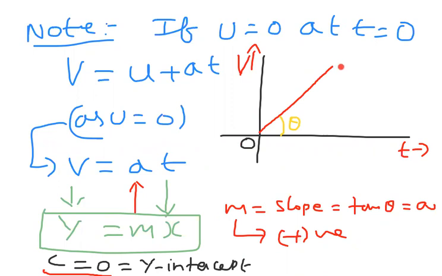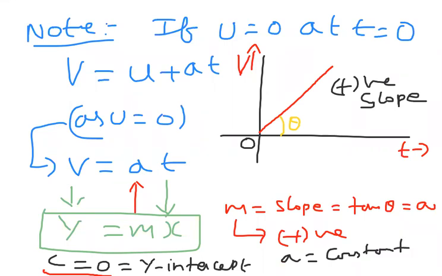This indicates positive slope. Here we are discussing constant acceleration. A is constant here. A straight line indicates constant slope, so a is constant. Next page.